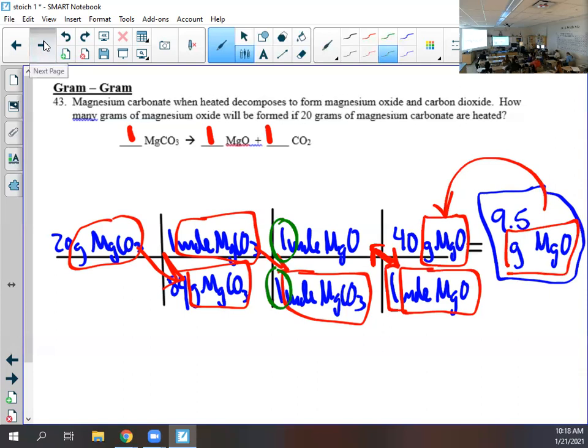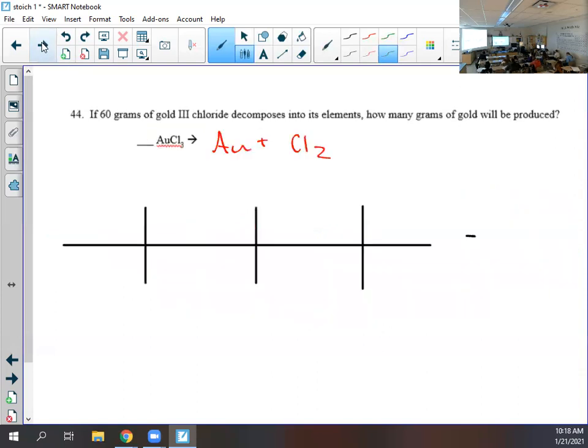Okay, let's try 44 together. So we have AuCl3 goes to Au plus Cl2. Try and balance it. Yep. That's the charge of gold.